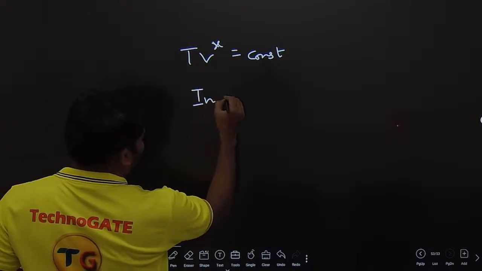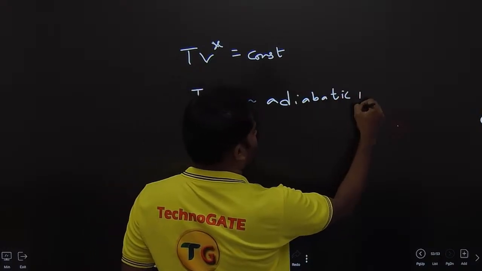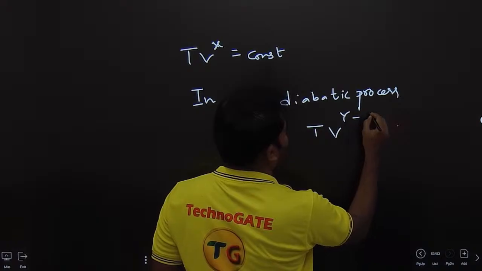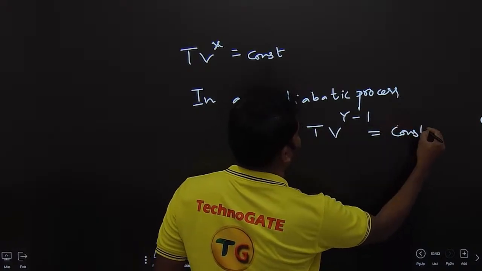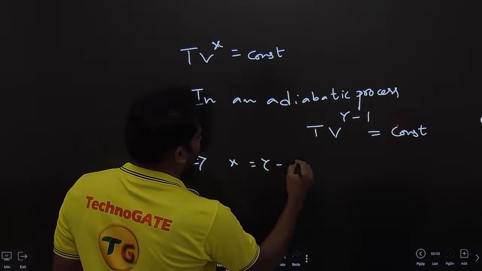In an adiabatic process, TV^(γ-1) = constant. Clear? So x is equal to γ minus 1.